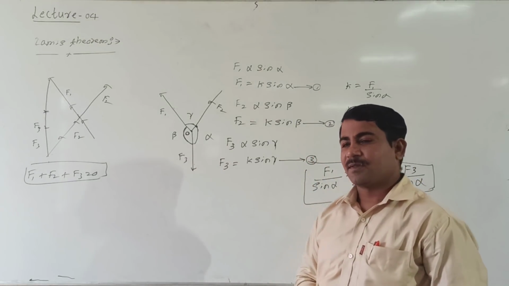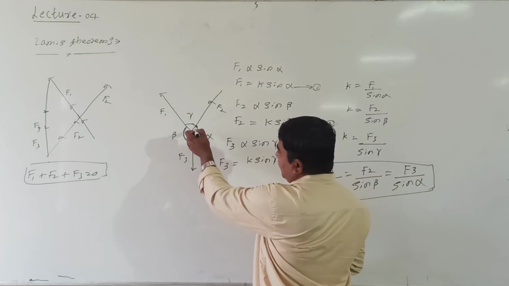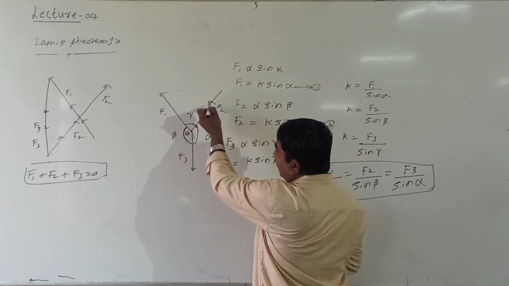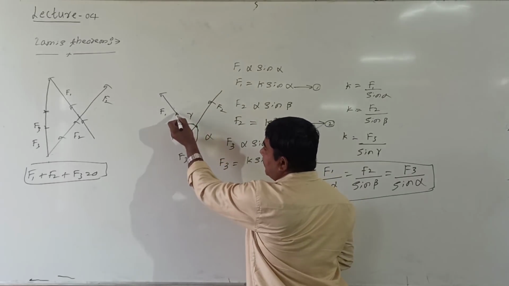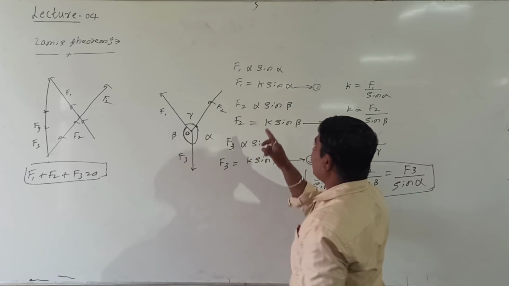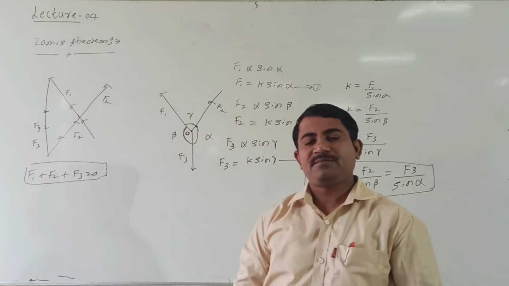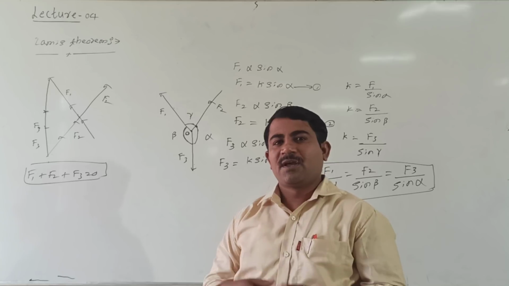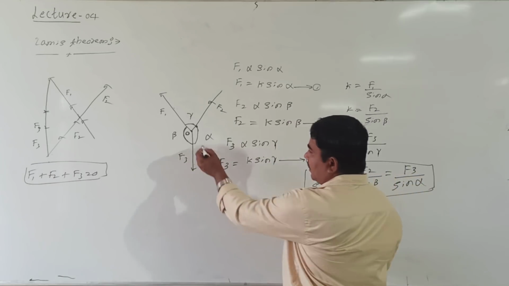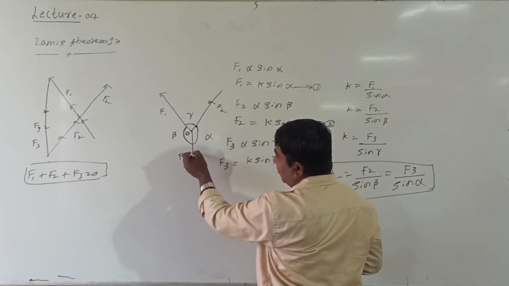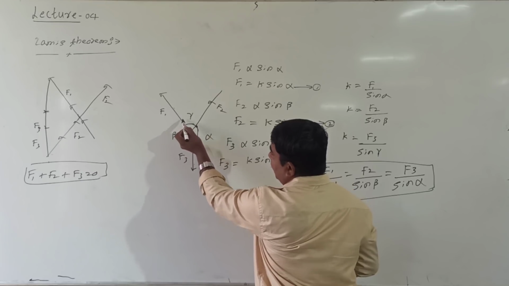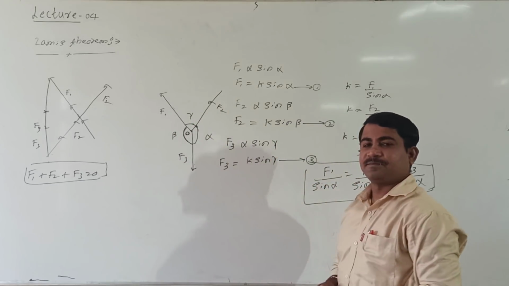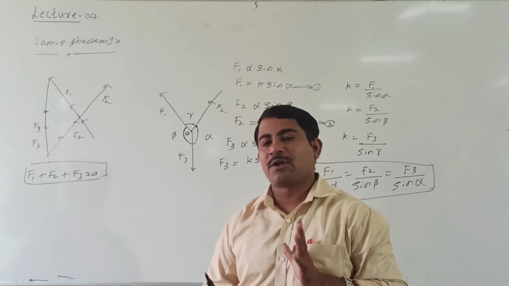Are you following? Or f2 is directly proportional to the sine of the angle between f1 and f3, beta. Right, students? Or f3 is directly proportional to the sine of the angle between f1 and f2.